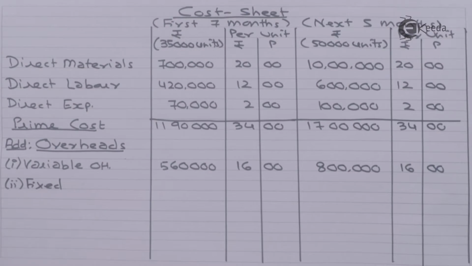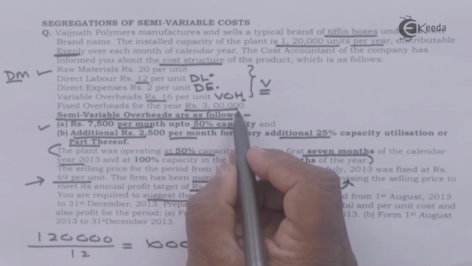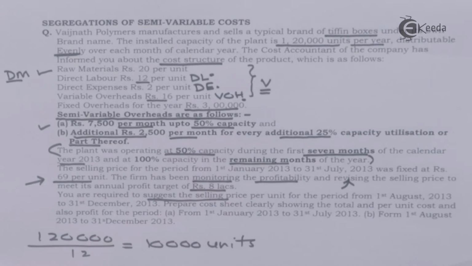Now let us add fixed overheads. Fixed overheads they have given as rupees 3 lakhs for the whole year.